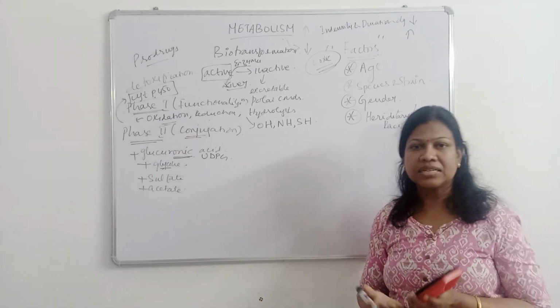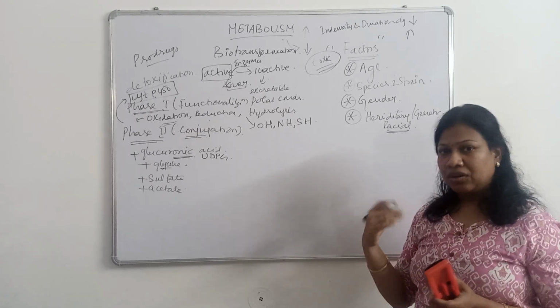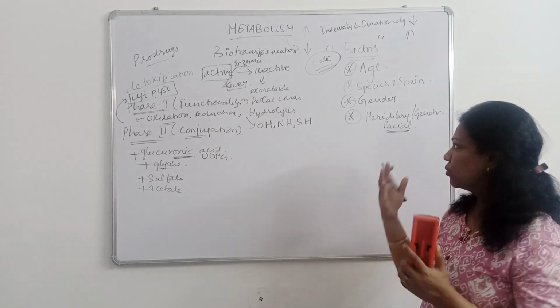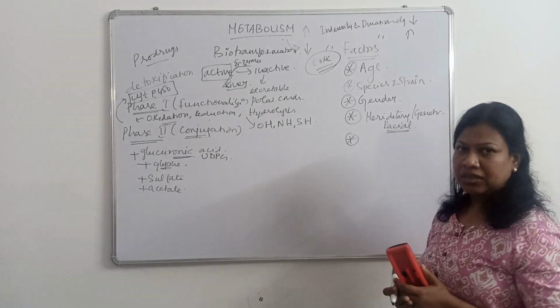So hereditary and genetic factors are going to affect the race of the human or the living organism. So that also will have an effect on the metabolism of drugs.